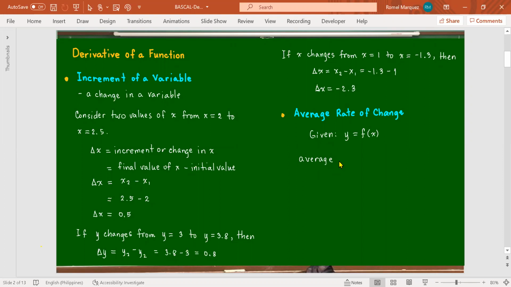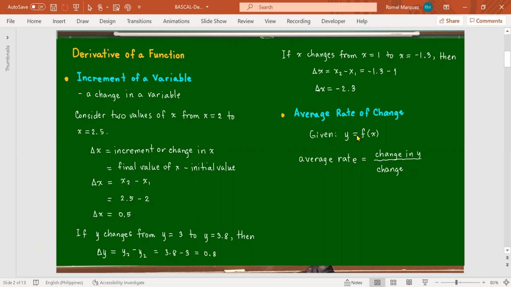Is my spelling correct, guys? Yes, sir. Is equal to the change in y values over the change in x values.